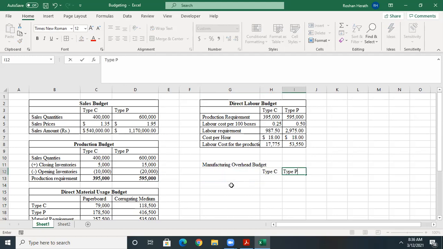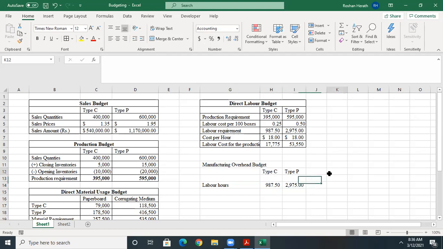You can see the allocation base is already there. It is the labor hours. It takes 987.5. So you can simply draw from the labor budget. It's 987.5, and here it's 2,975.